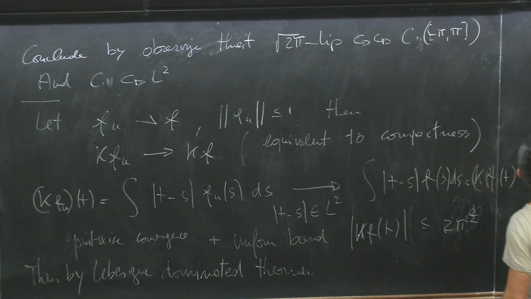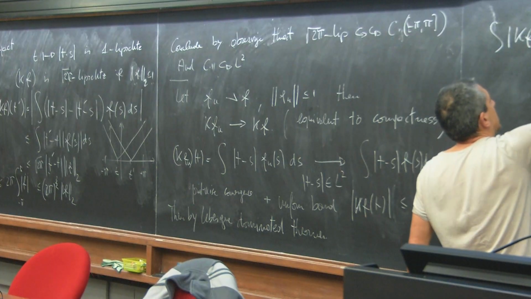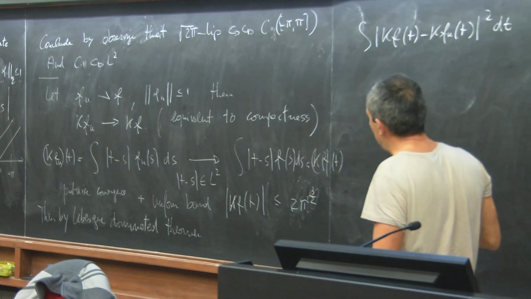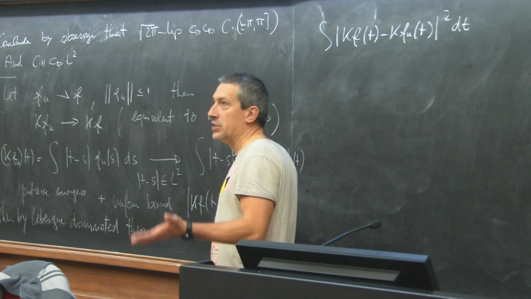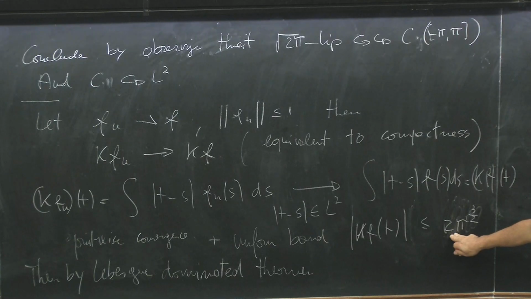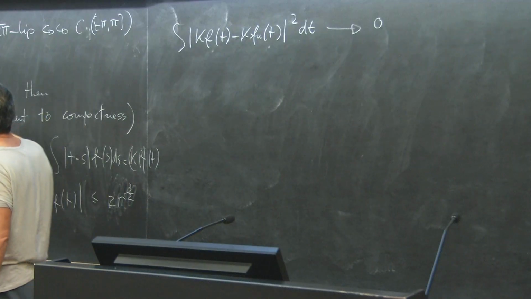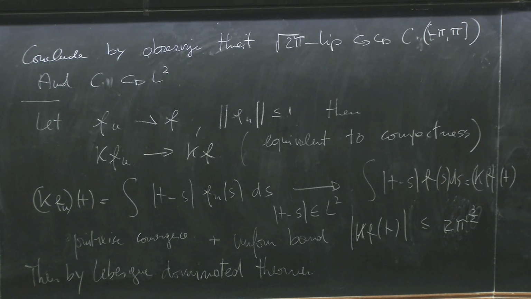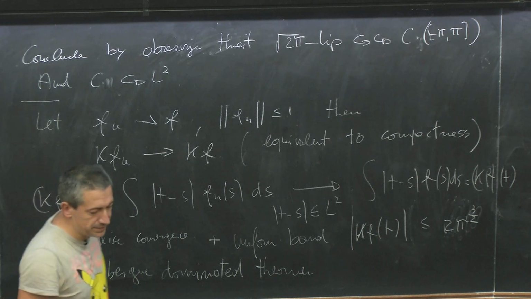So the integral of Kf, okay, this is bounded by an integrable function, and it converges pointwise. So what is the pointwise limit? It converges pointwise to 0, so the integral is 0. So we deduce that it's compact simply because the image of a weakly convergent sequence is a strongly convergent sequence. Okay?